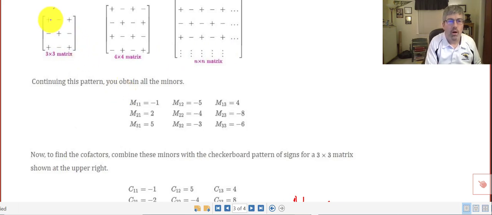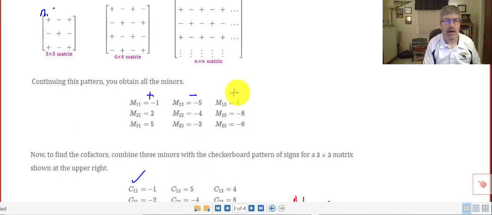So M11 is positive, so a positive -1 is still -1. So my cofactor C11 is -1. M12, the sign is negative, so the opposite of a -5 is a +5. So my cofactor for row 1, column 2 is 5.